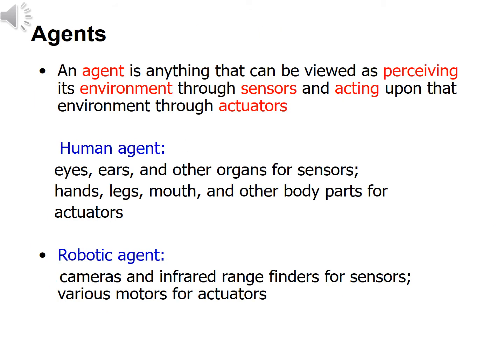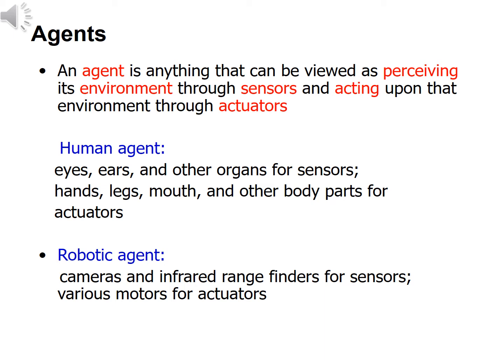Okay, so let's review what we have said so far. An agent is anything that can be viewed as perceiving its environment through sensors and acting upon that environment through actuators. Now, we can have a human also programmed as a software agent.